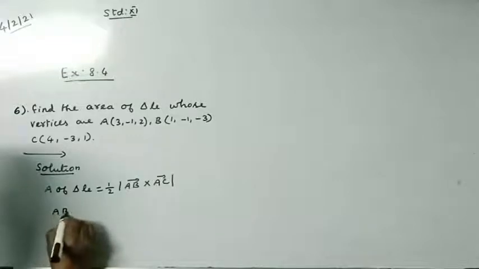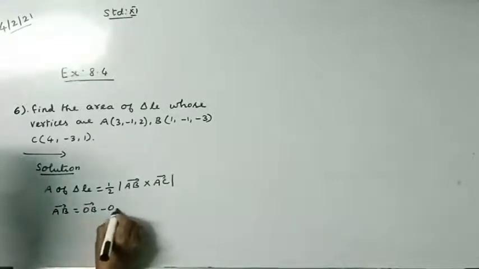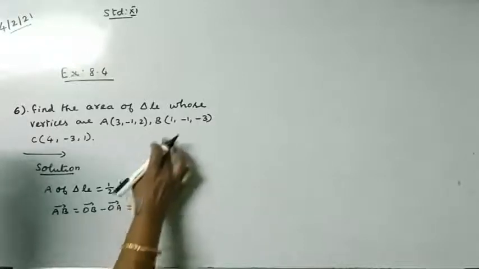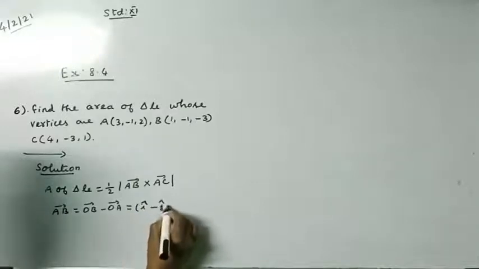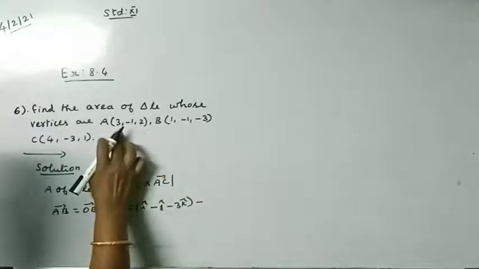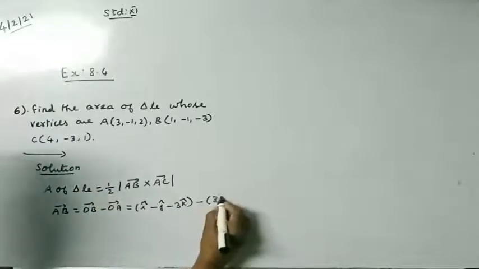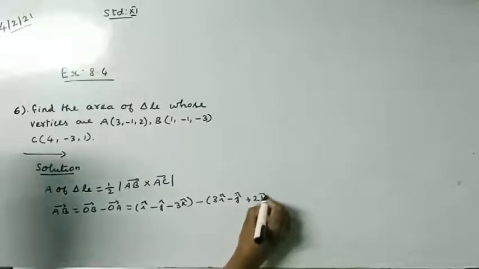So AB vector is equal to OB vector minus OA vector. So what is OB vector? This one. So it is i vector minus j vector minus 3k vector, minus A vector is this one. So it is 3i cap minus j cap plus 2k cap.